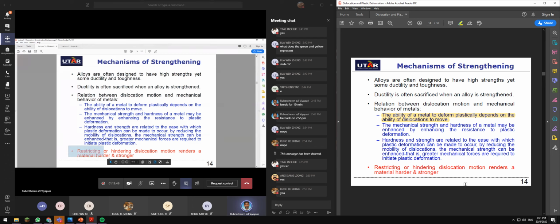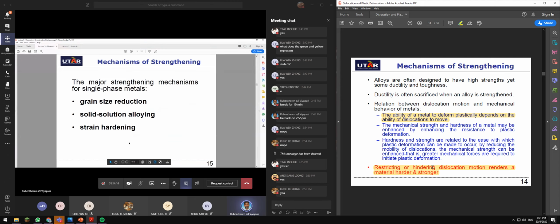So the key point here is this, highlight this: restricting or hindering dislocation motion renders a material harder and stronger. I'm repeating this again. Restricting or hindering dislocation motion renders a material harder and stronger.